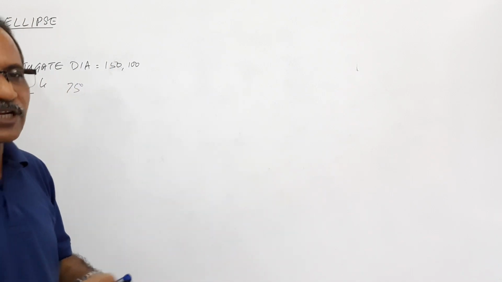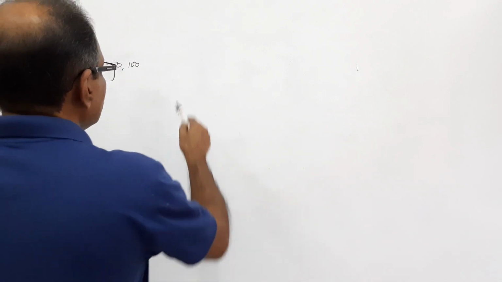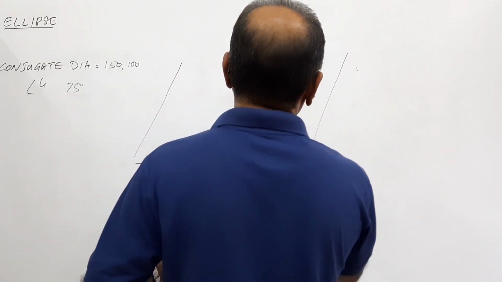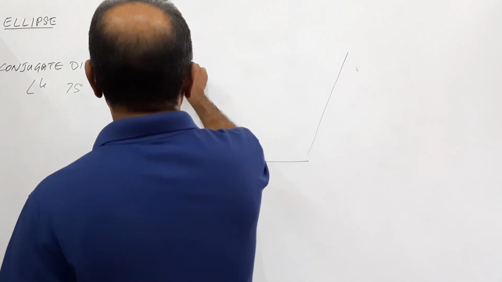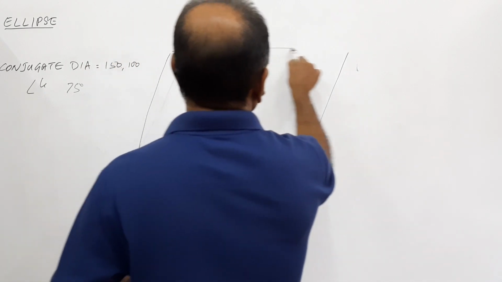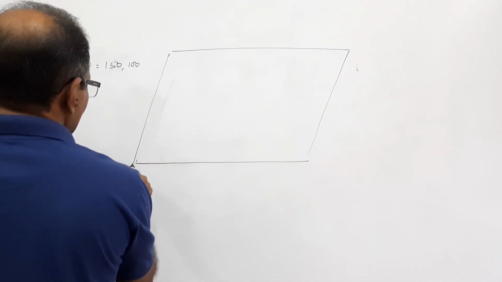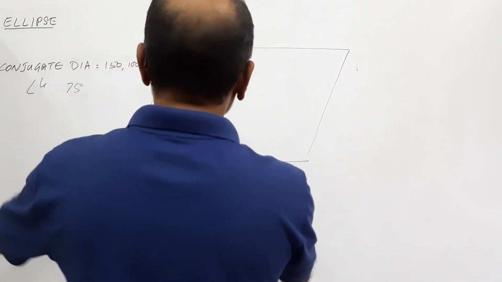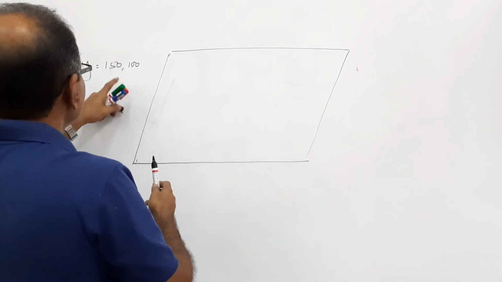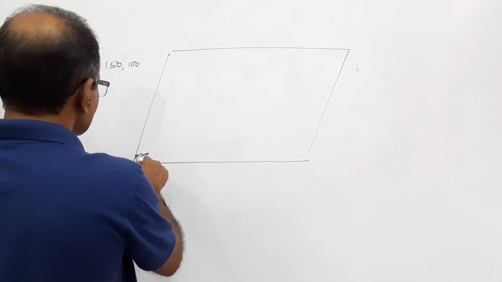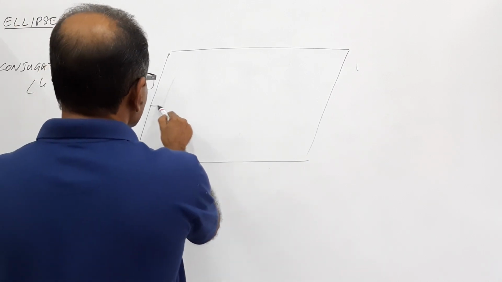First of all, I will draw a parallelogram, 150 by 100 at an included angle of 75 degrees as per the question. I construct a parallelogram with sides 150 and 100 with an included angle of 75 degrees. Agreed? I draw the center lines.